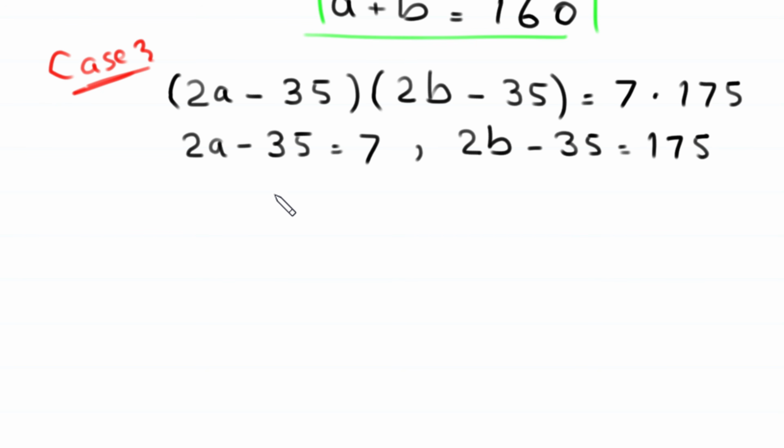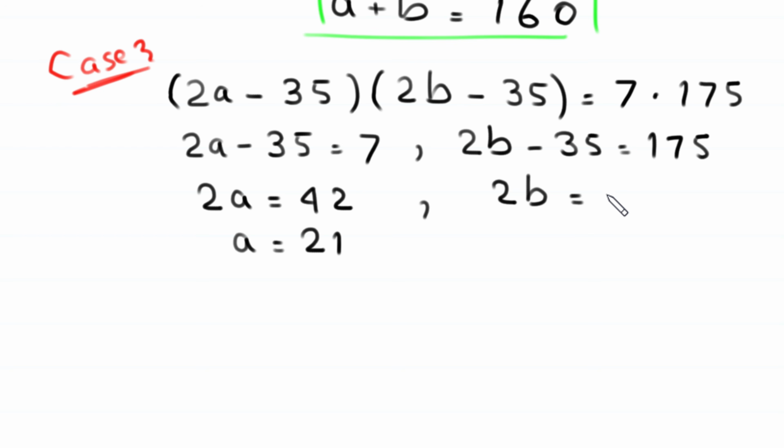Add 35 to both sides. This will become 2a equal to 42, and this implies that a is equal to 21. And add 35 to both sides. This will become 2b equal to 210, and this implies that b is equal to 105.